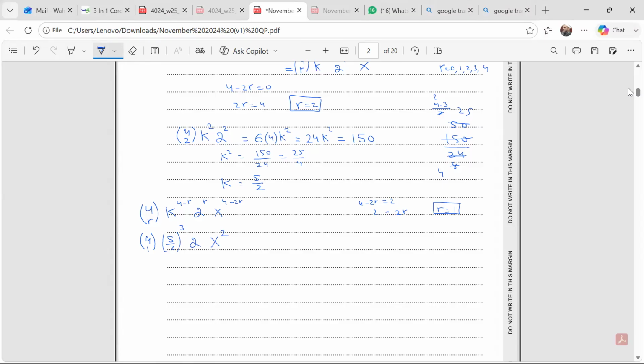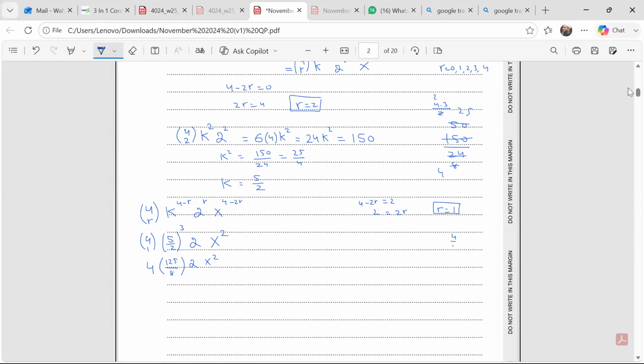Now 4 combination 1 means 4 divided by 1 factorial, so this is 4. 5 over 2 power 3 is 125 over 8, into 2, into x squared.